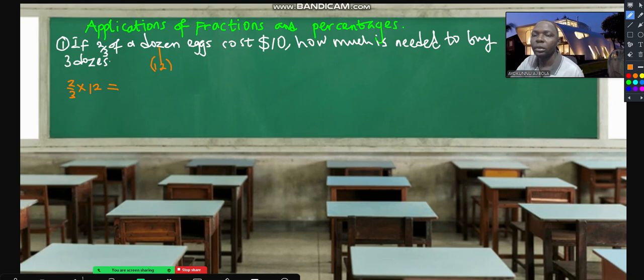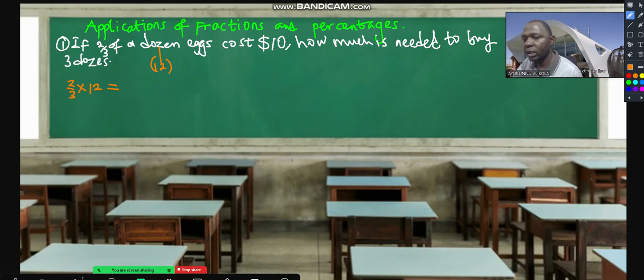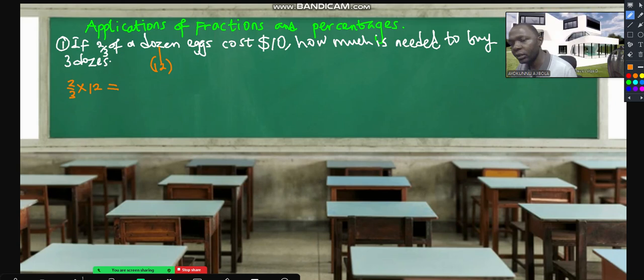Now this is allowing us to multiply a fraction with a whole number. So either you say 2 times 12, which is 24, then you divide by 3 to get 8. Or you say 3 here 1, 3 here 4. Now 2 times 4 is 8.